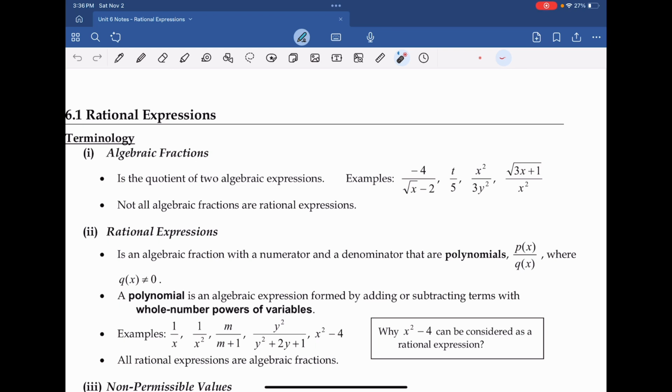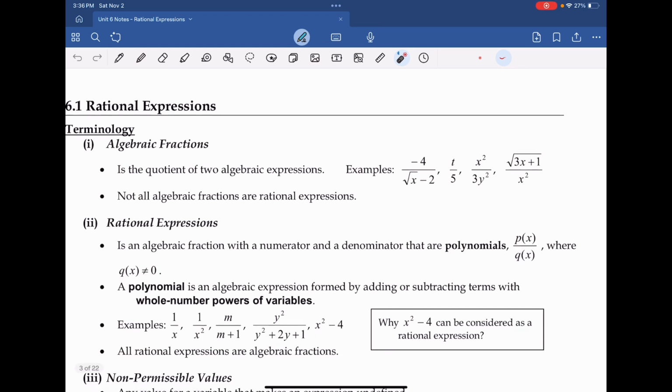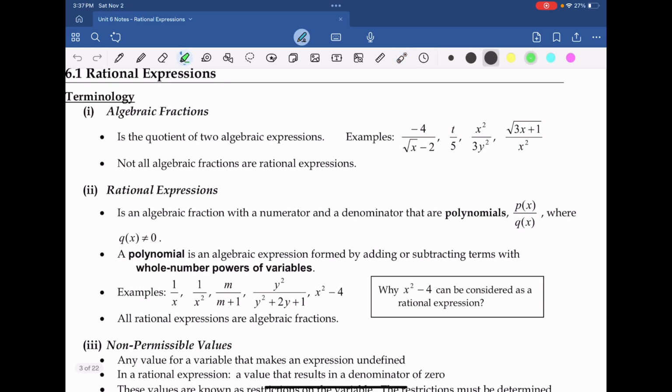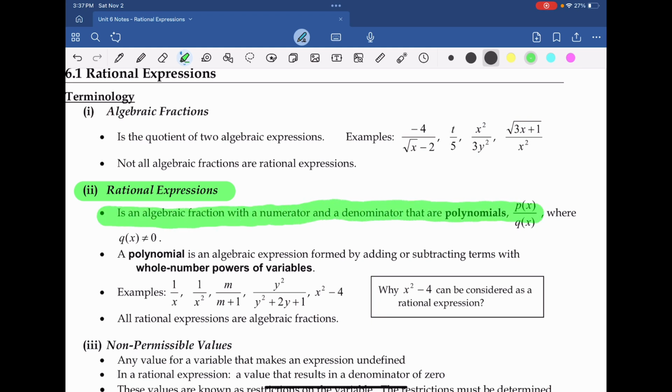Then, when we look at something that is a rational expression, this is a very, very important distinction. I recommend you highlight this in your notes. When we talk about a rational expression, which is going to be the rest of this unit, it's an algebraic fraction, but where the numerator and denominator are strictly polynomials, p of x or q of x, and we don't really care what these are in terms of the overall polynomial.